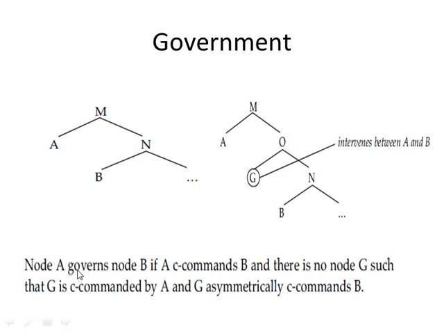So node A governs node B if A sigmens B and there is no node G such that G is segmented by A and G and B are symmetrically sigmens. Jadi di sini dikatakan A governs B if A sigmens B and there is no G like this one.